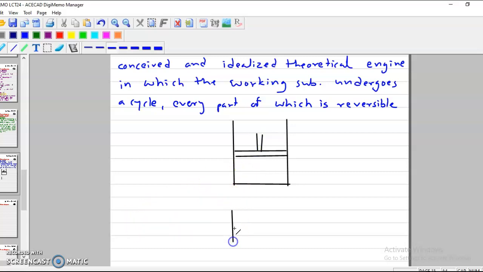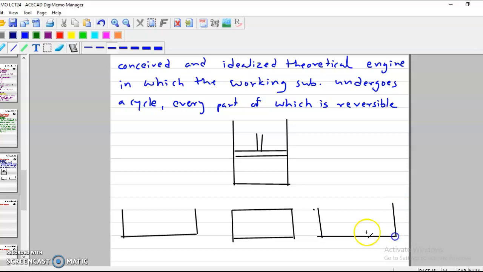There will be one stand and two different reservoirs. Okay. So what is inside this?